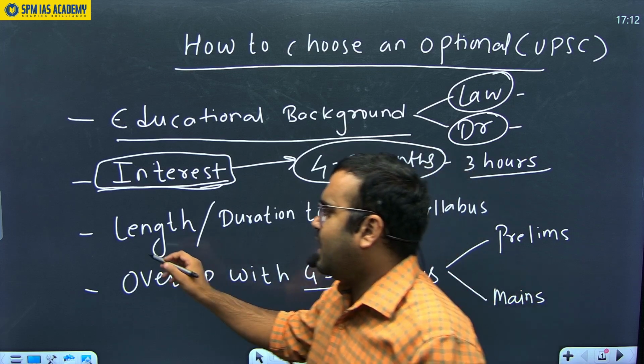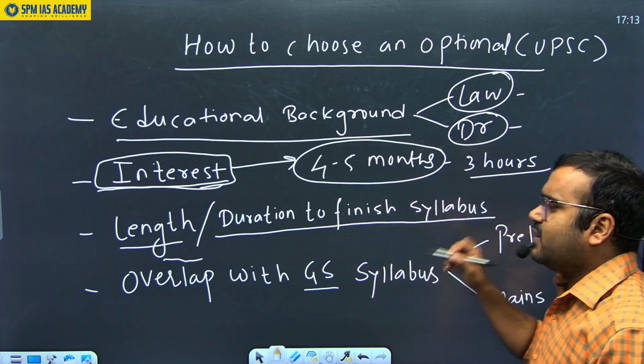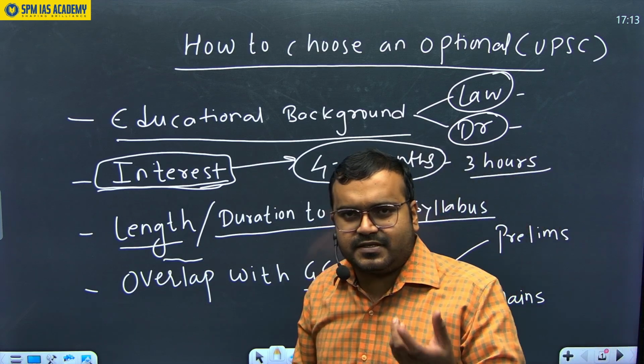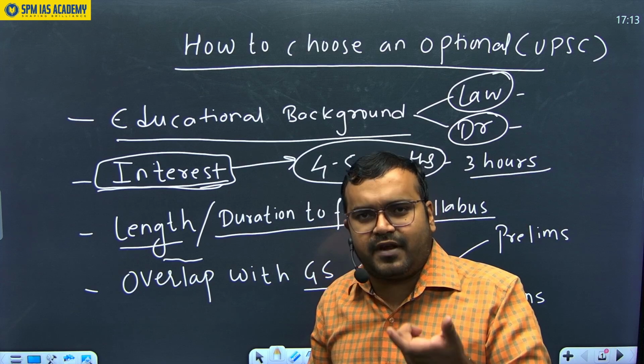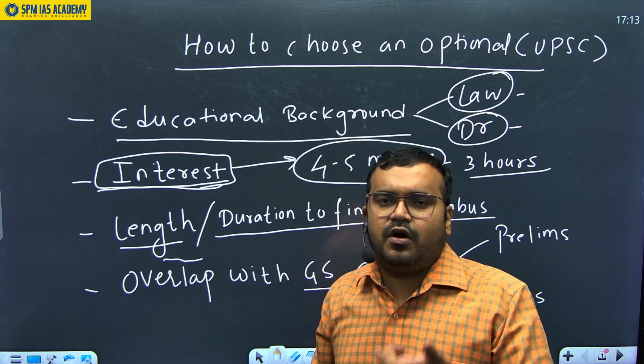Then there is another aspect with respect to your optional, which is whether the syllabus prescribed by the UPSC is a small one, a medium one, or a large one.